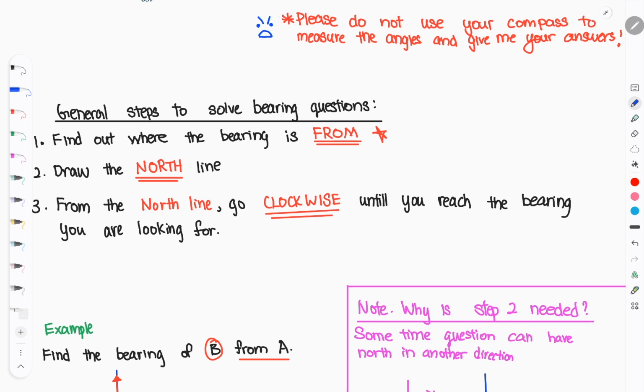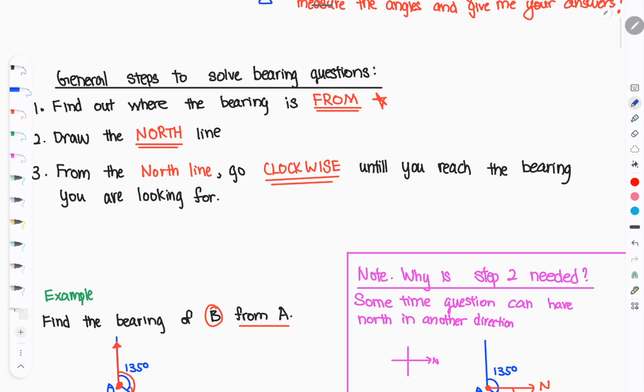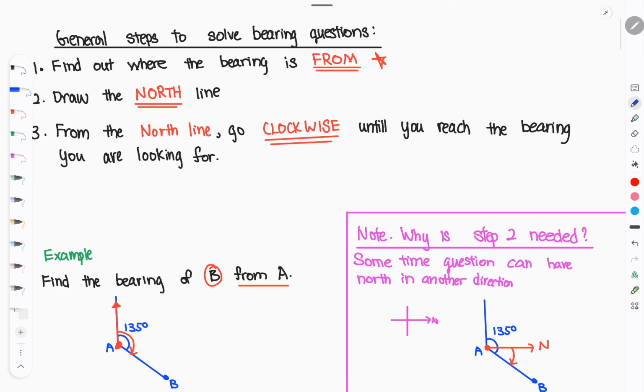Draw the north line. This is just to remind you, because there are some cases where the north might not be pointing up, but in all the examples that the school gave so far, the north is pointing straight up. There will be cases where they will trick you and give you a north that points in another direction. Last but not least, always go clockwise. If not, that's it for this topic.